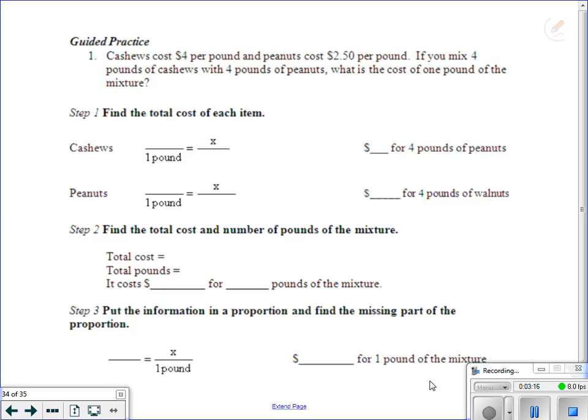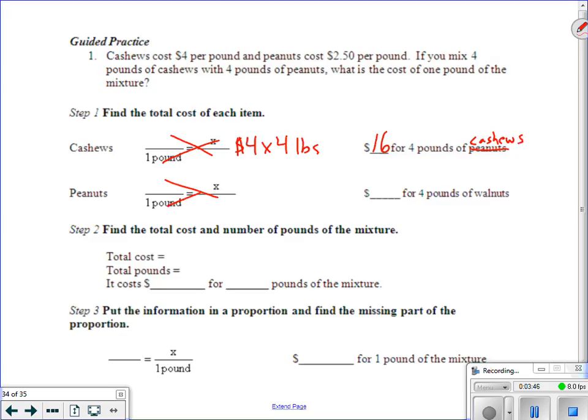First of all, you don't really need a proportion for each individual one, because if we're getting 4 pounds of cashews at $4, you just multiply those. 4 times 4 gives you $16 for the 4 pounds, and this should say cashews, not peanuts.